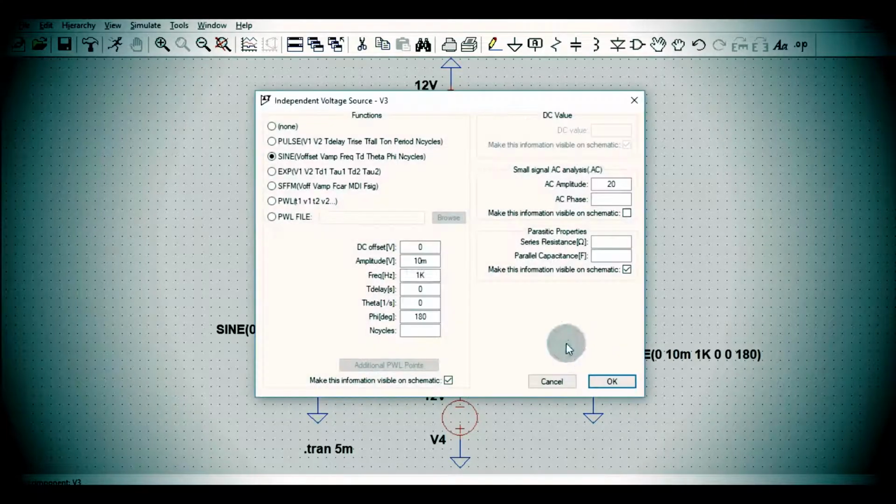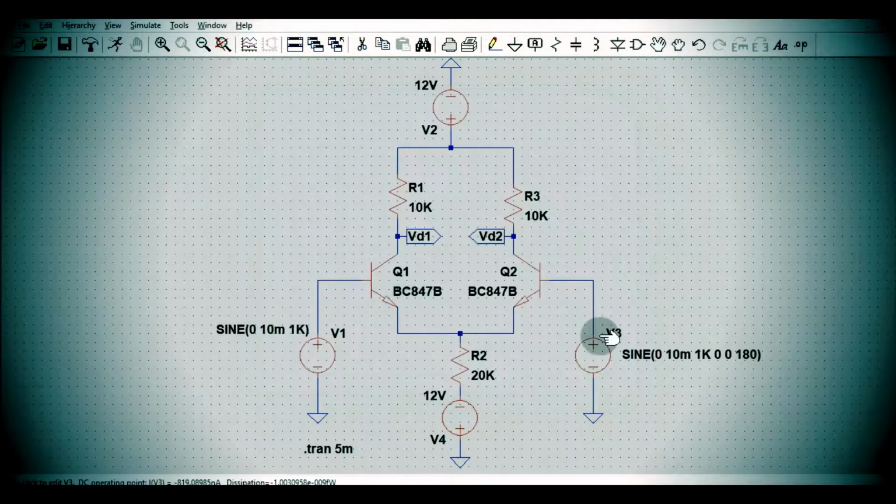And V3 is also a sinusoidal signal with the same amplitude and frequency, but the phase is 180 degrees out of phase. So your V3 is 180 degrees out of phase with V1. When this signal is positive, this signal goes negative. So let us run the transient analysis.